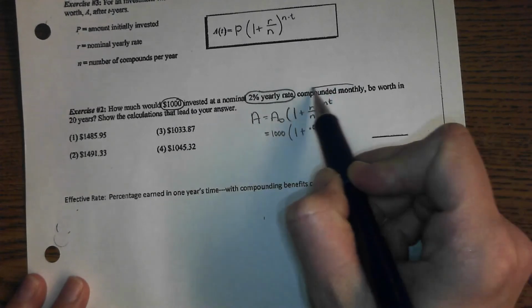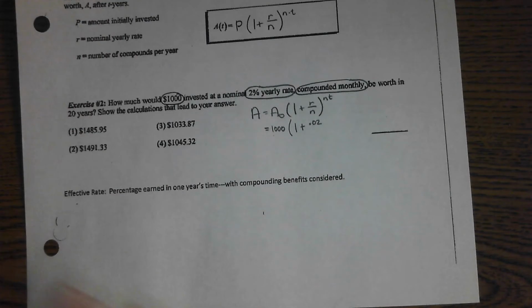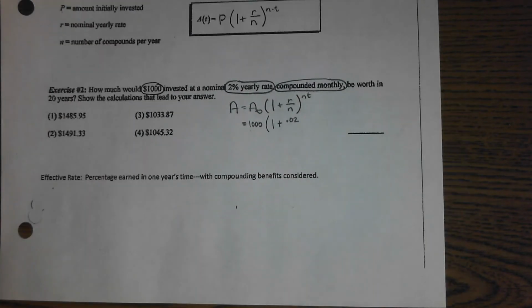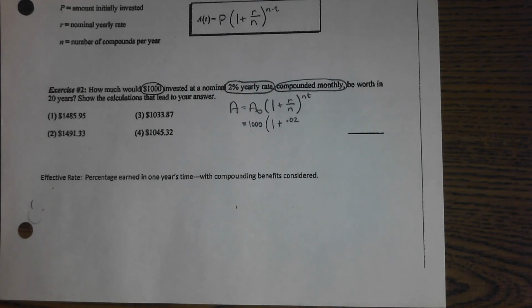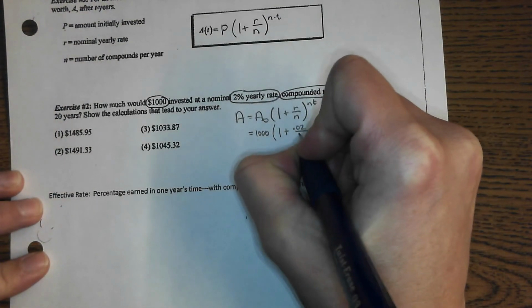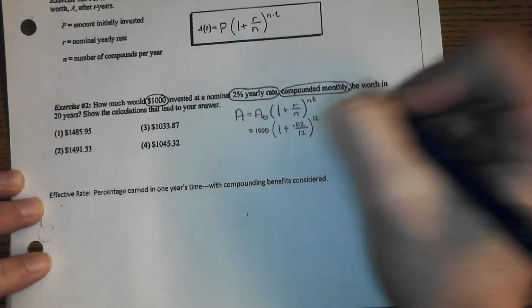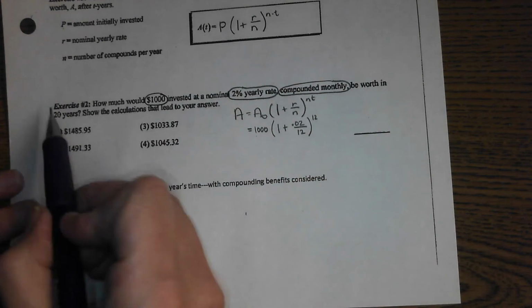Compounded monthly. What am I going to do with that, Sierra, with a C? What does monthly mean? N equals 12. And how much is it going to be worth in 20 years?